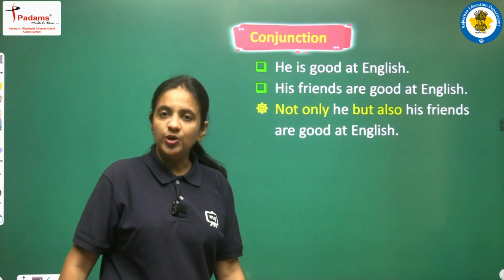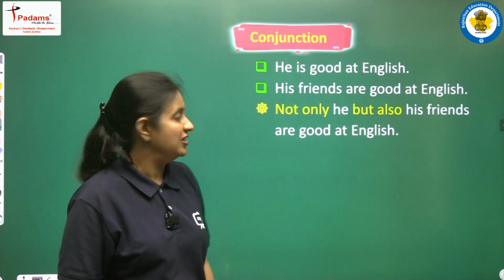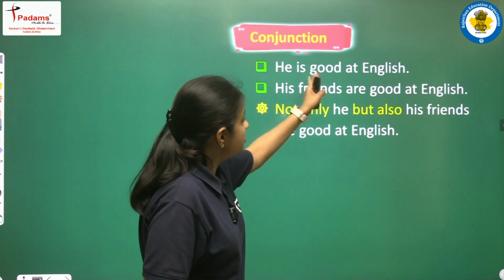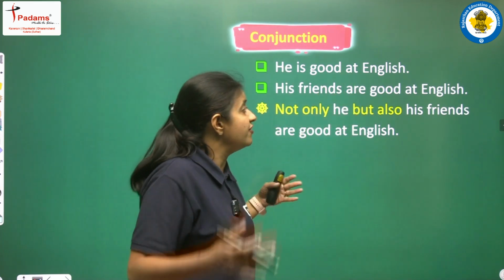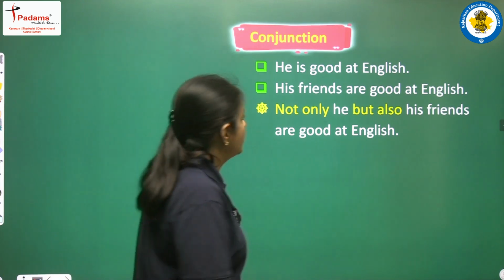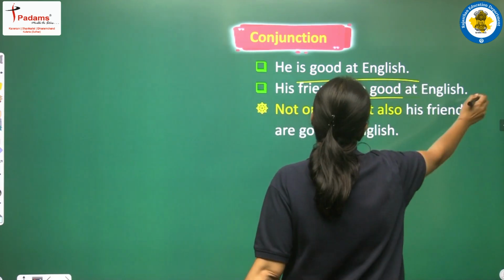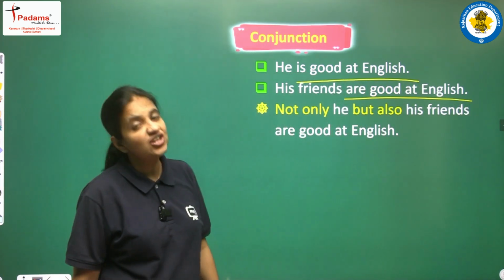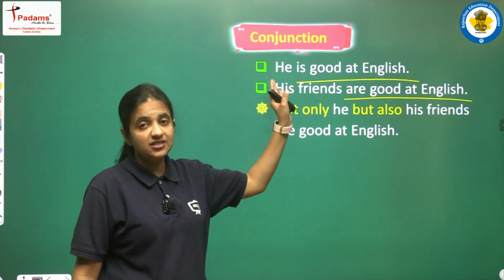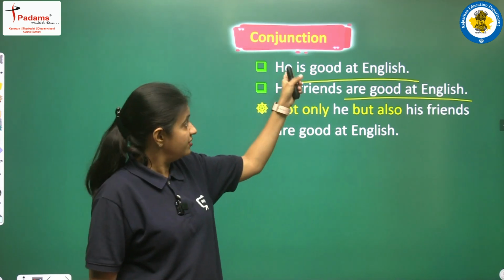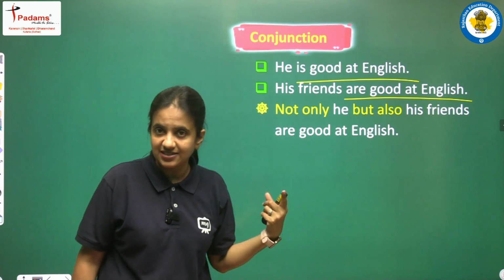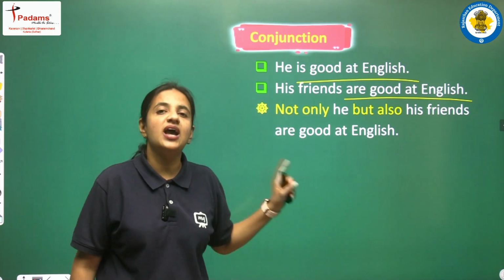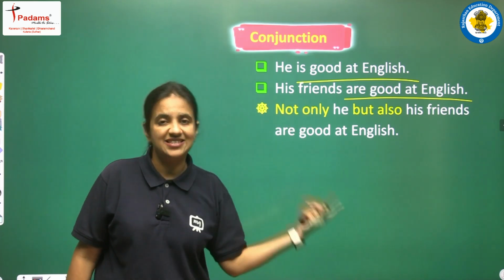We have one more example related to "not only but also". So let's see. He is good at English. His friends are good at English. Again, what is the common part? The common part is "good at English", and now we have subjects that are completely different. In the first sentence we have "he" as the subject, and in the second sentence we have "his friends" as the subject.